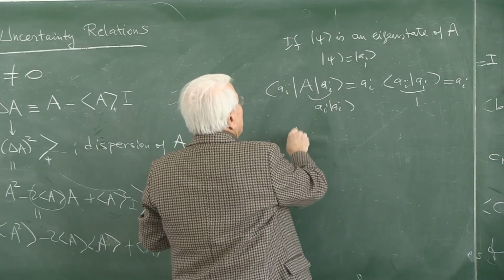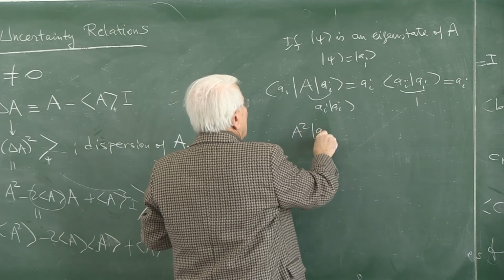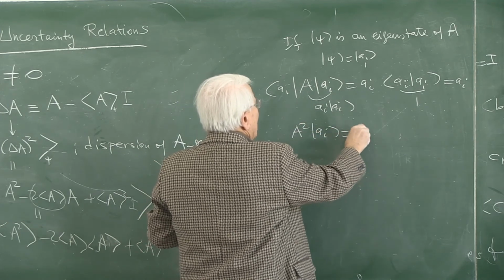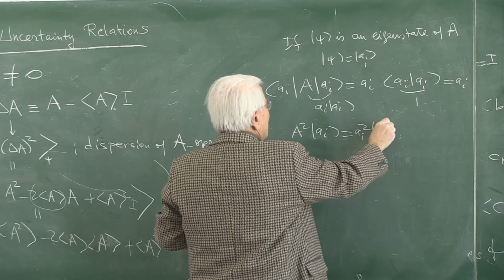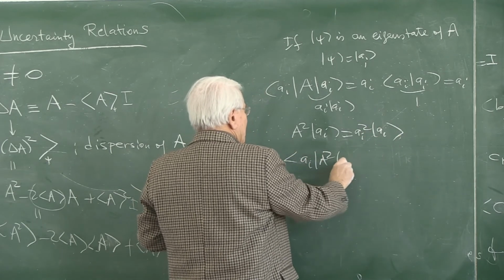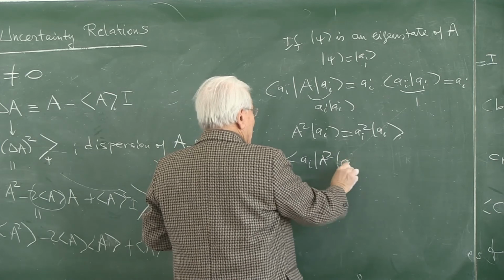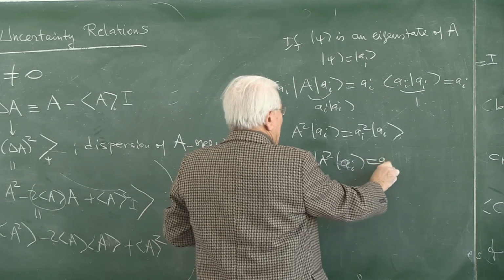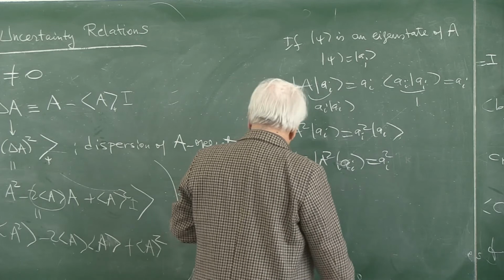Similarly, you have A squared on a_i is a_i squared on a_i. Then you get the expectation value of this in the state. It is a_i squared because this is normalized.